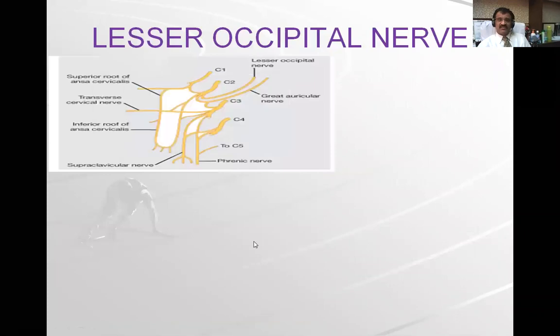Now lesser occipital nerve, I want to show you through this image here, which is actually coming from C2. Greater auricular nerve is coming from C3, combination of C2 and C3. The lesser occipital nerve is a branch of C2.